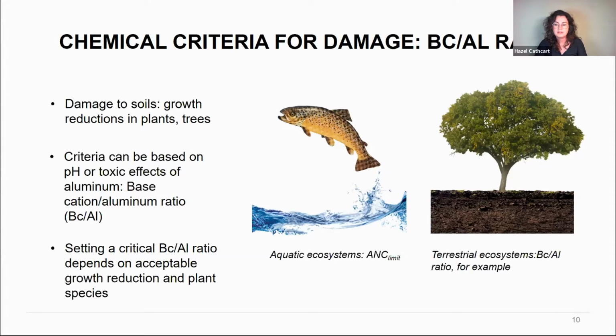What is commonly used is the base cation to aluminum ratio, which describes the relationship between base cations and aluminum in the soil. That is, when soils become acidified, the aluminum concentration rises, and that has detrimental effects on growth. Note that in setting this ratio, we have to agree on what is considered acceptable loss of growth.